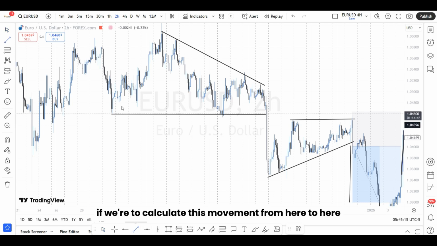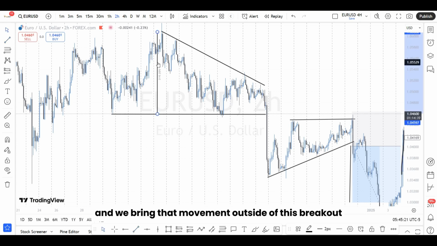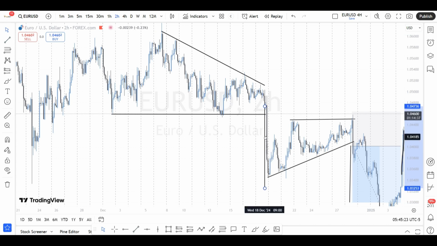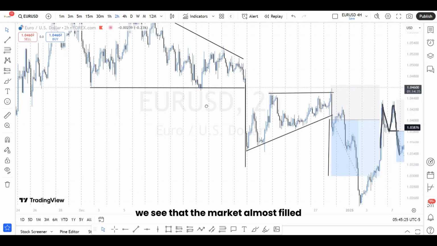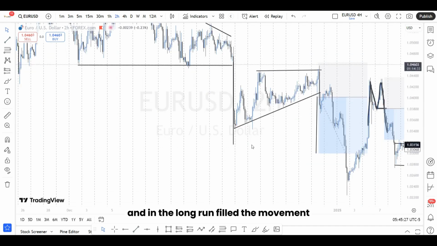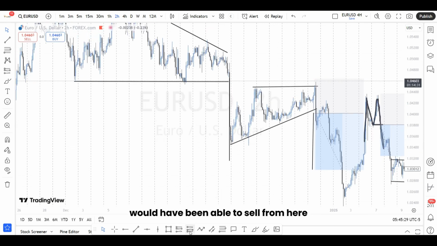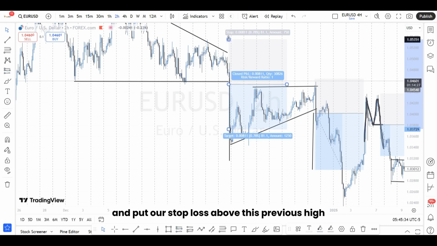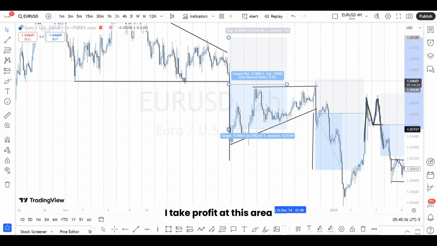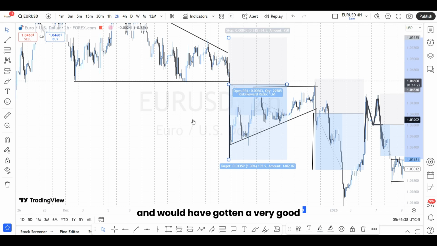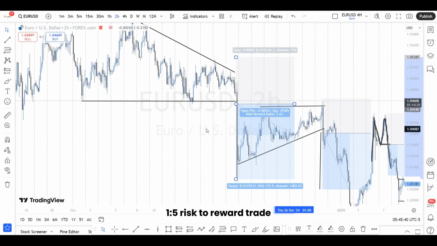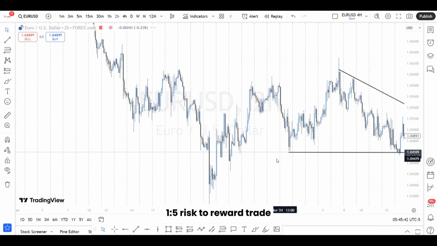If we were to calculate this movement from here to here, and we bring that movement outside of this breakout, we see that the market almost filled, and in the long run filled the movement. We would have been able to sell from here and put our stop loss above this previous high, take profits at this area, and would have gotten a very good 1:5 risk to reward trade.